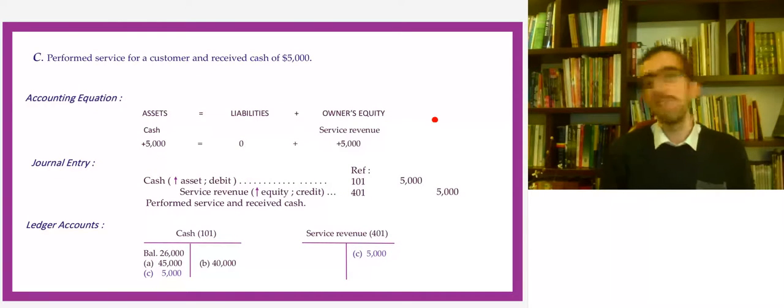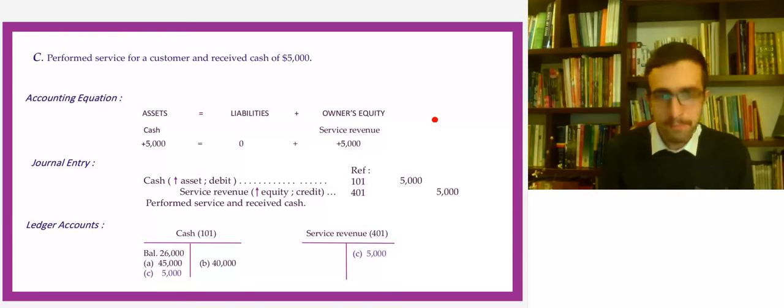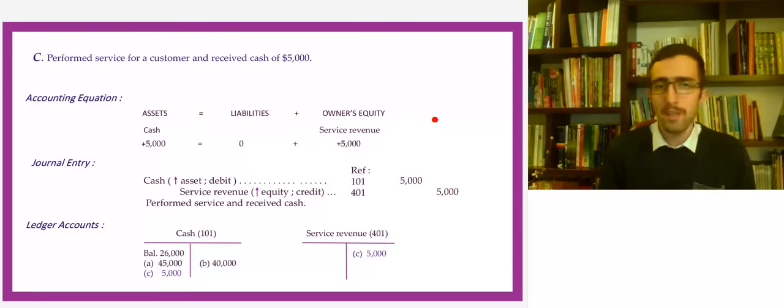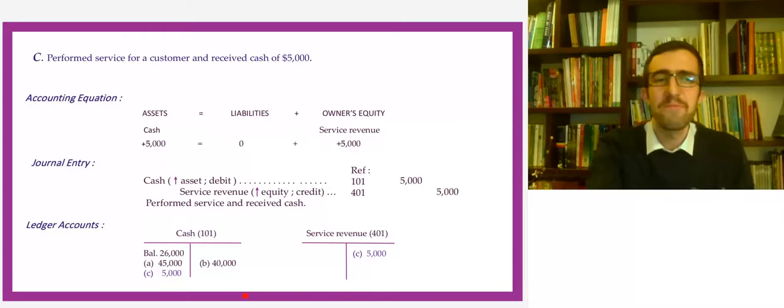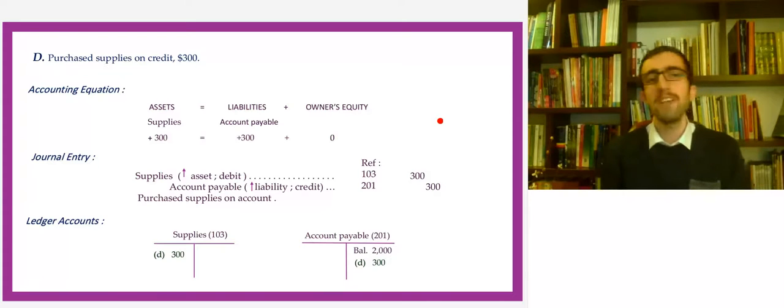The next one is performing service for a customer and receiving cash of $5,000. Here, our involved accounts are cash and service revenue, and both of them increase. One of them is a subset of assets and the other a subset of owner's equity. The amount for both is $5,000. The next one: purchase supplies on credit, $300.